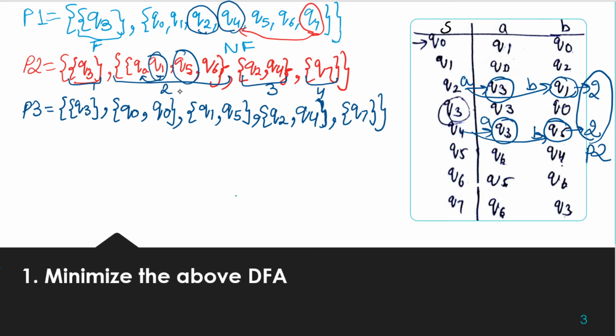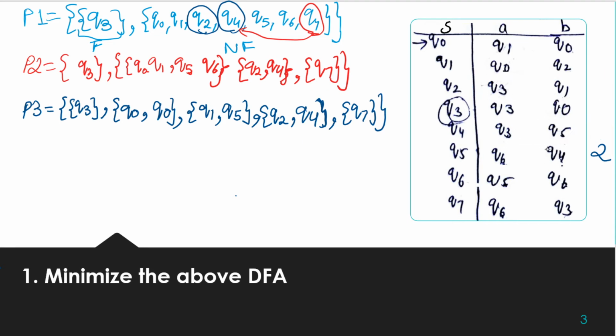After this process, now let's check: as P2 is not equal to partition 3, we have to repeat the process for partition 4.